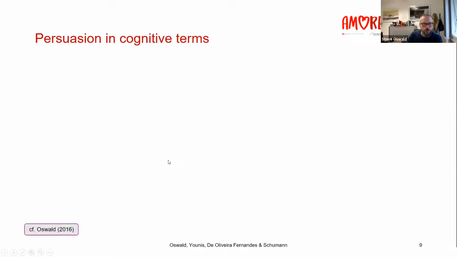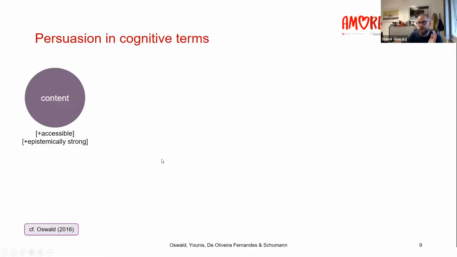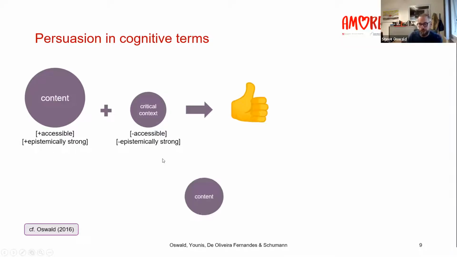In graphical terms, if the content in the argumentation that is offered to you is very accessible, epistemically strong, and it's met with a critical context that is less accessible and epistemically weaker, then persuasion should succeed.